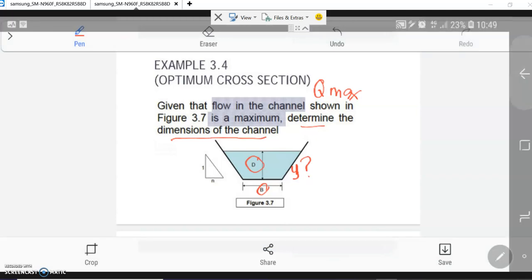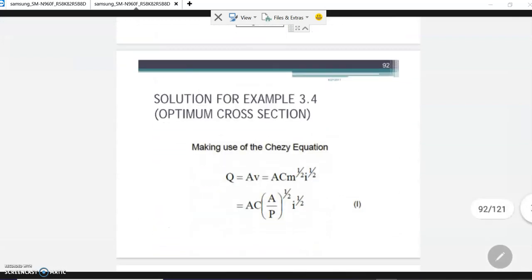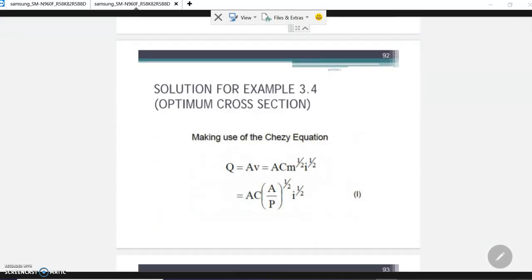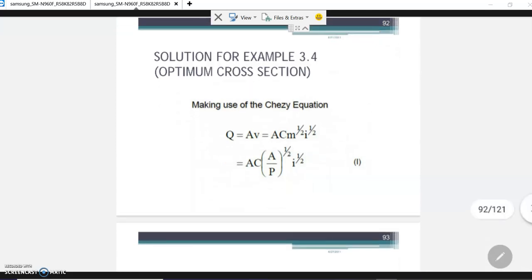First, this is the solution by using the Chezy equation for velocity. So we put Q equals AV, so V is C square root of MI.